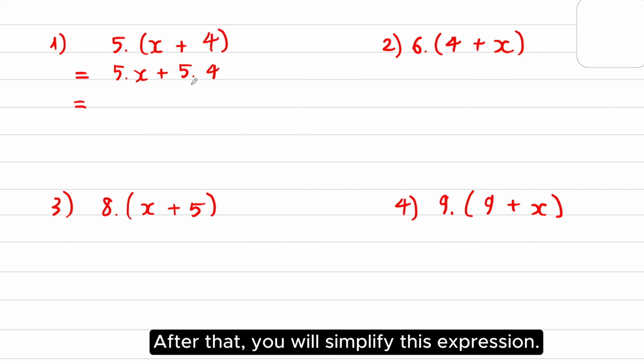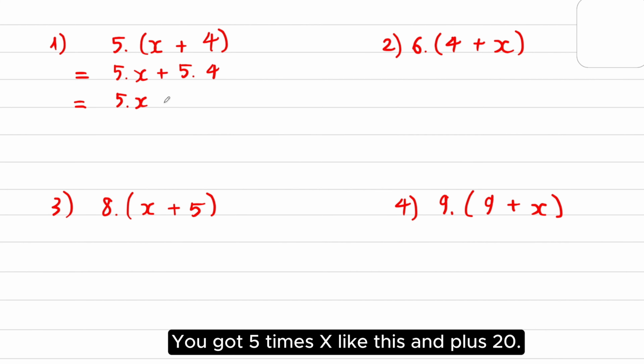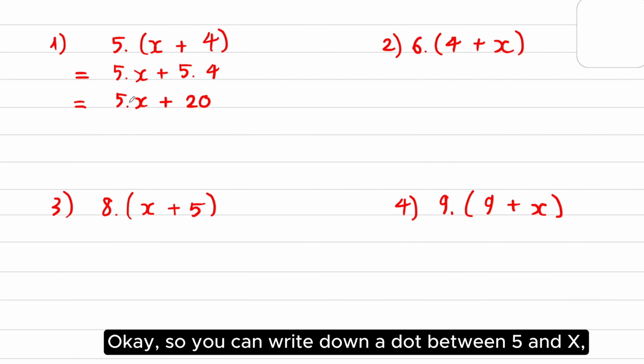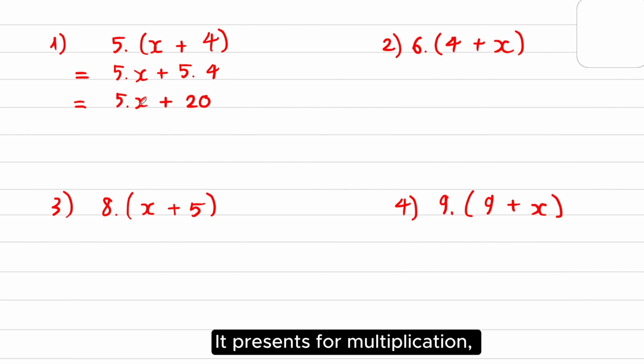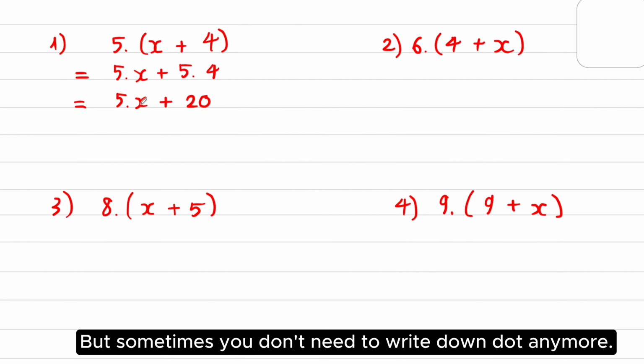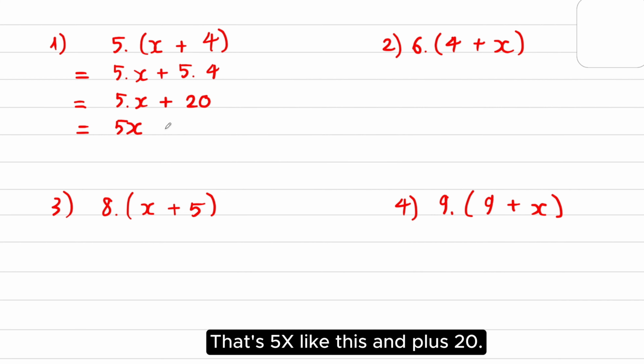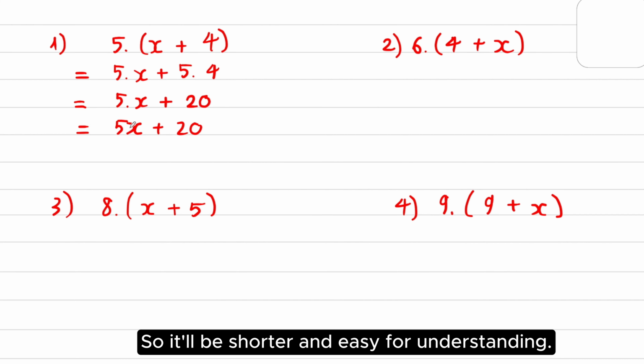After that, you simplify this expression. You get 5 times x plus 20. You can write a dot between 5 and x to represent multiplication, but sometimes you don't need to write the dot anymore. Just 5x and plus 20. It is a little shorter, but easy to understand.